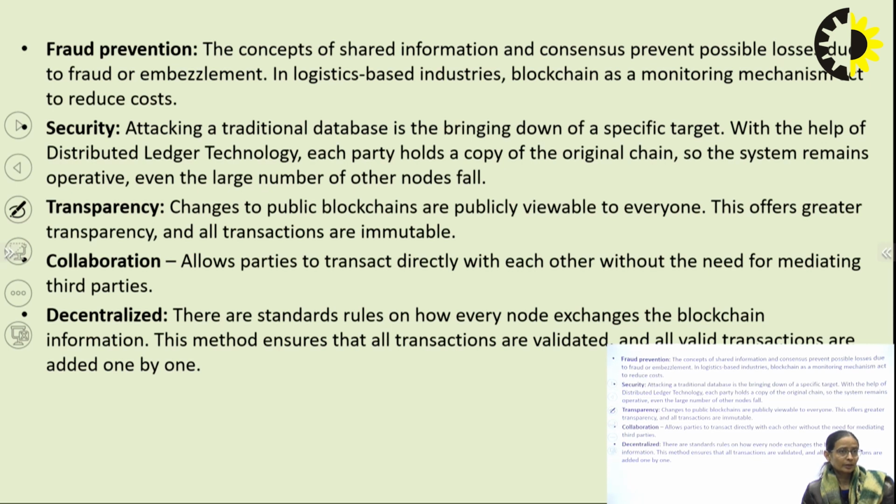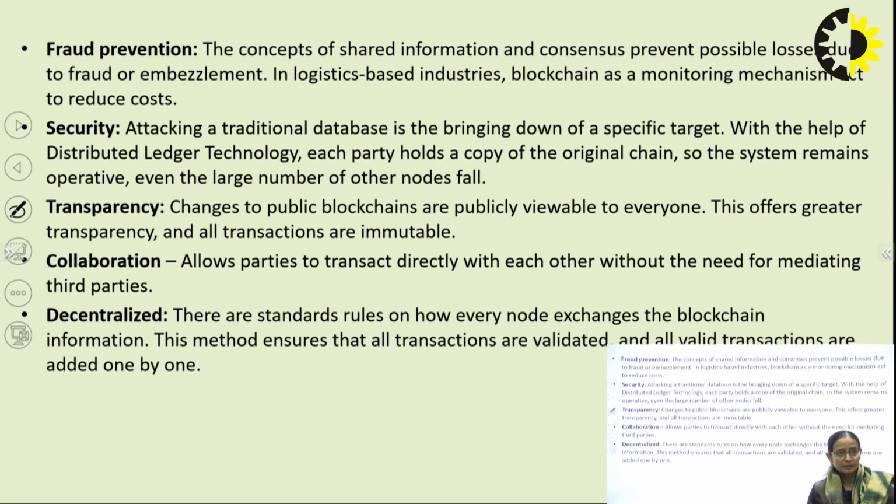Security. Attacking a traditional database is the bringing down of a specific target, whereas blockchain uses distributed ledger technology, that is DLT, which we follow in a blockchain. As we have seen, a ledger is there and it is being maintained at various peer points. Each party holds a copy of the original chain, so the system remains operative even if a large number of other nodes fall.